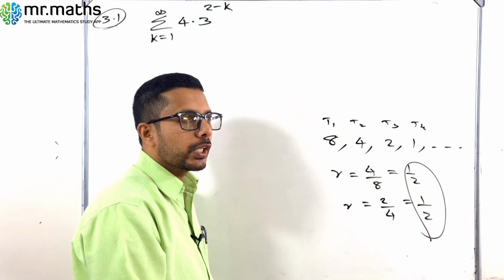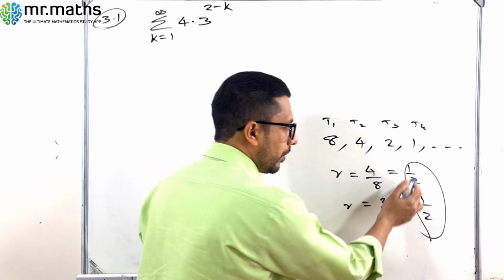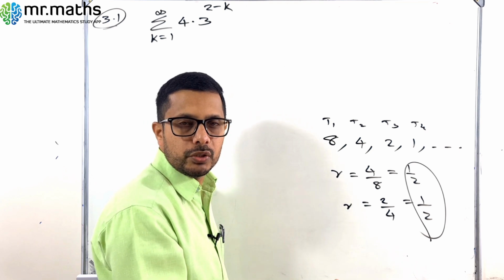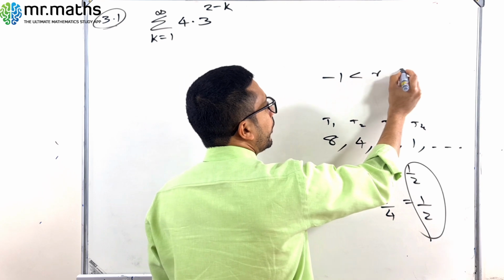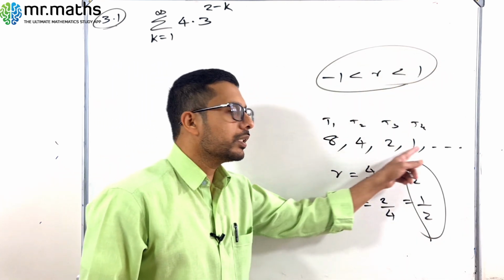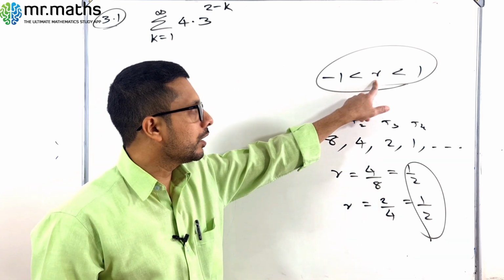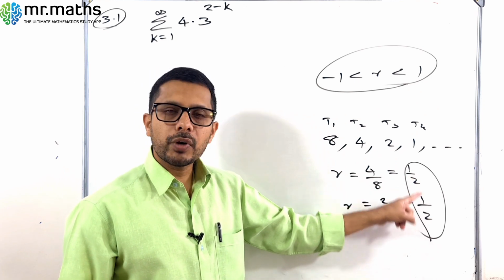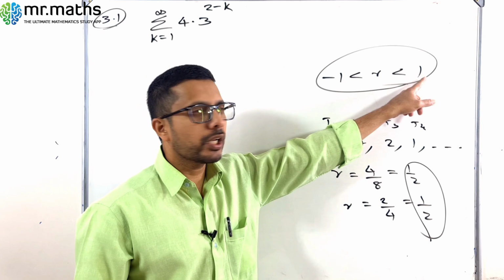Now, in the case of a geometric series, if the value of r is between -1 and +1, then we can say that this series is a convergent geometric series. Here you can see the value of r is 1 over 2, which is between -1 and 1.